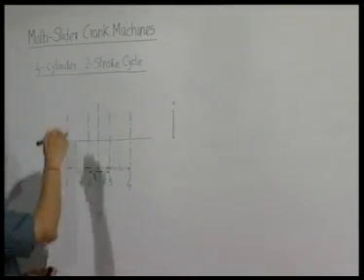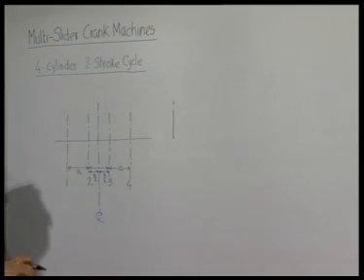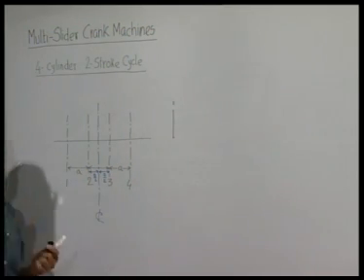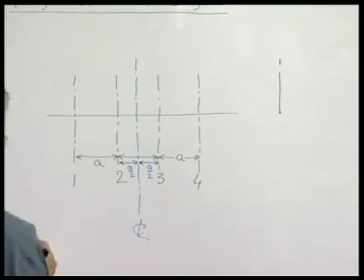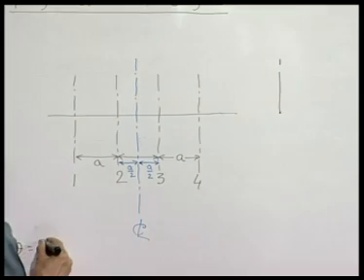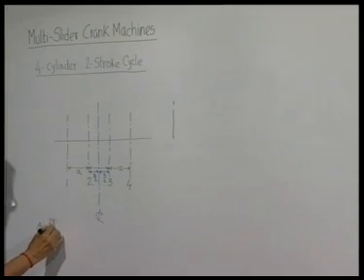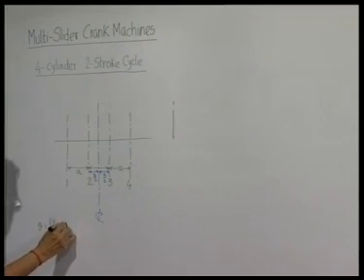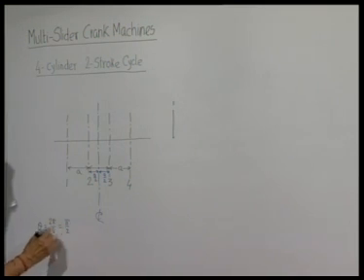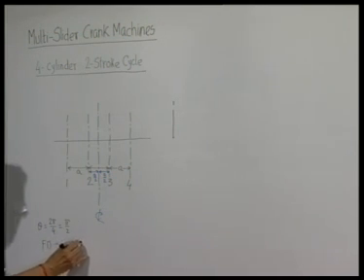Now, if it is a 2-stroke cycle, then the angle between 2 consecutive firing cranks will be 2 pi by 4, that is theta will be equal to pi by 2, and let the firing order in this case be 1, 2, 3, 4.